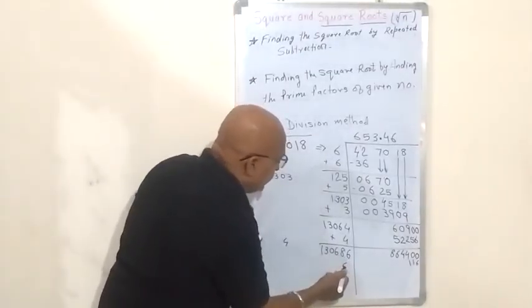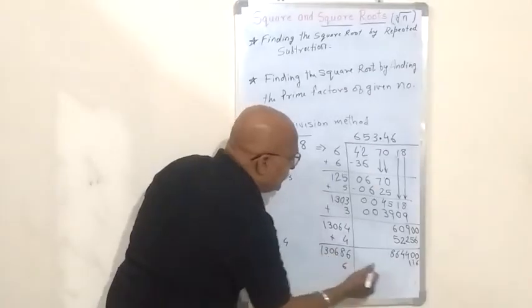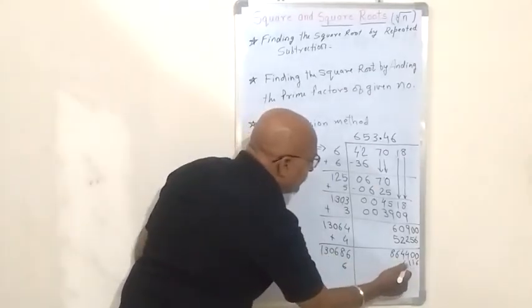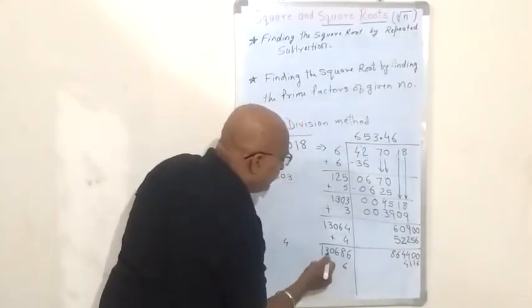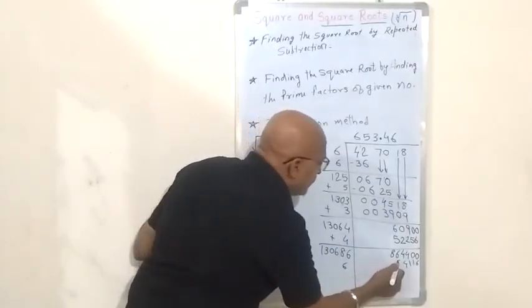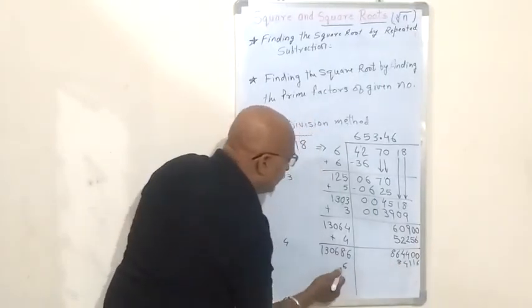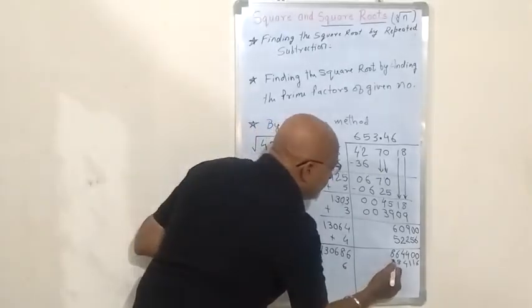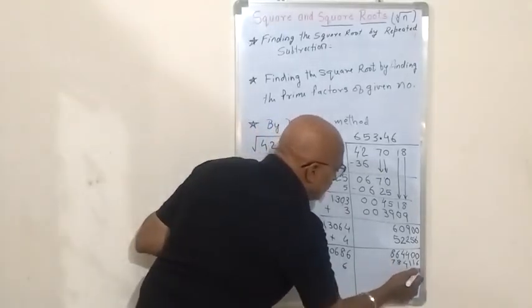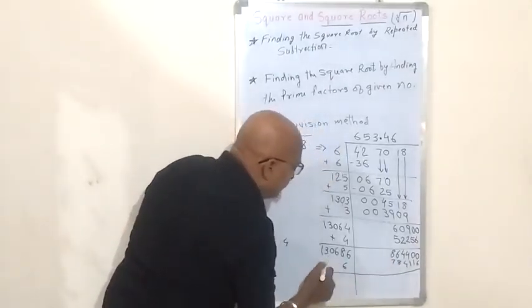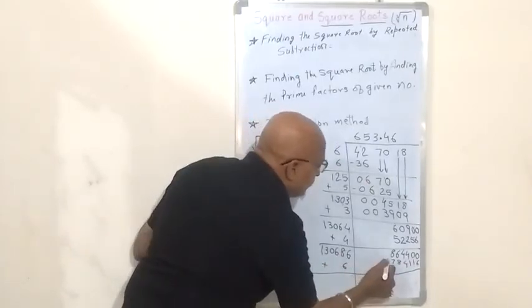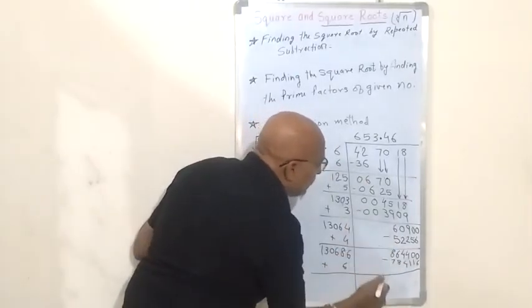Then 6 zeros are 0 plus 4 is 4. 6 3s are 18. So 8, carry over 1. 6 1s are 6 and 1 is 7. So again we can subtract here and here we can add. Here is subtraction.